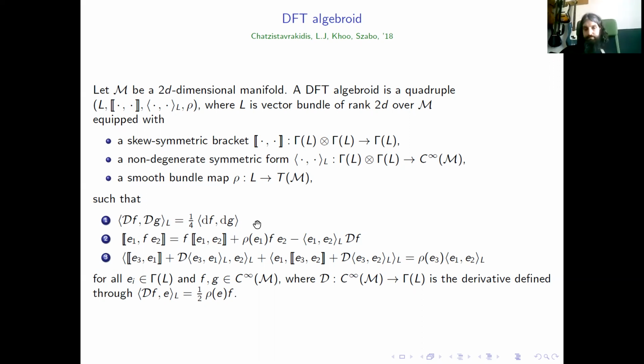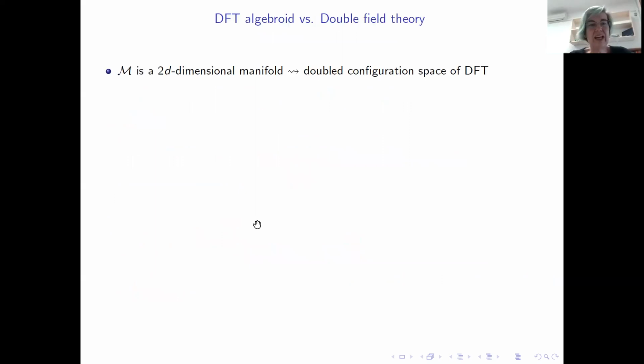Okay, but before I answer Jan's question, I just want to shortly convince you that what I call here a DFT algebroid is really related to double field theory, because if I give you this definition, it's maybe not obvious how to see it. So starting with the obvious fact, I defined my DFT algebroid over a 2D-dimensional manifold.